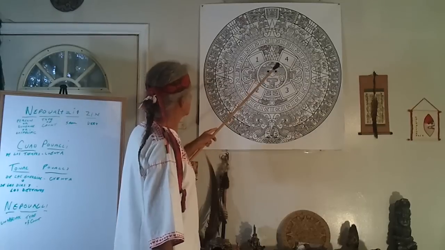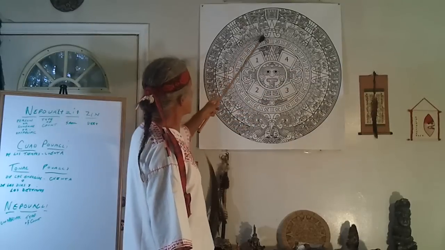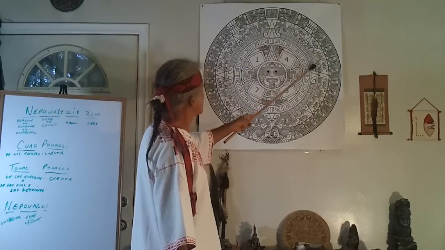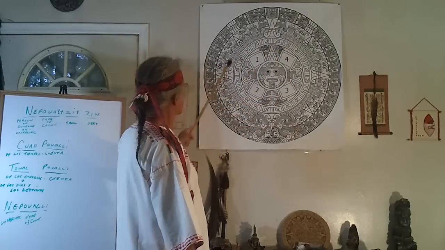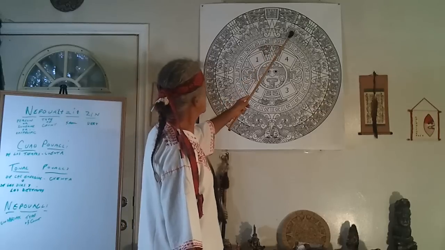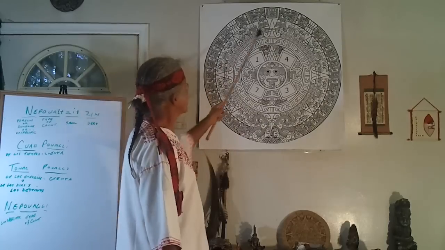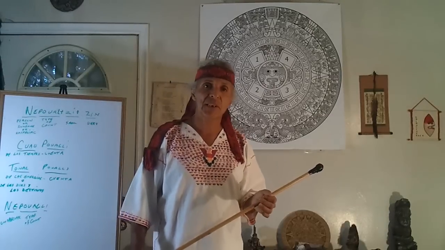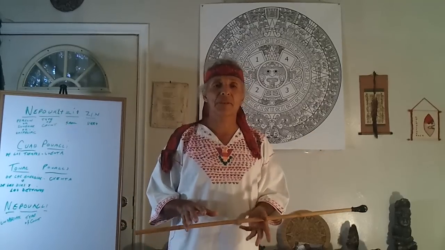The first circle is the 20, this is the 400 circle, 8,000, 160,000, 3.2 million, 64 million, 1.28 billion. So you have 7 circles. And I will now show you how these circles are applied in math, step by step.